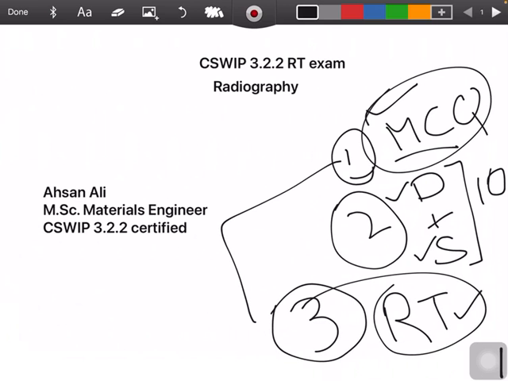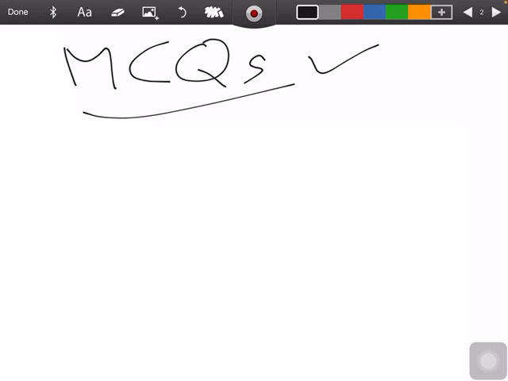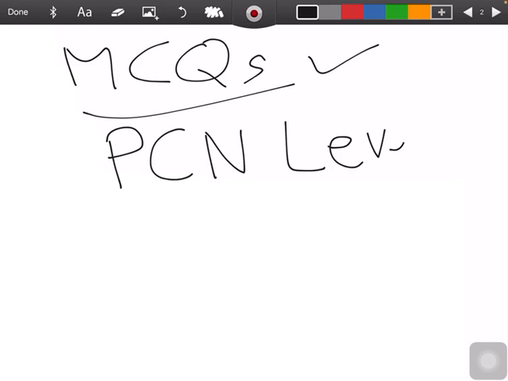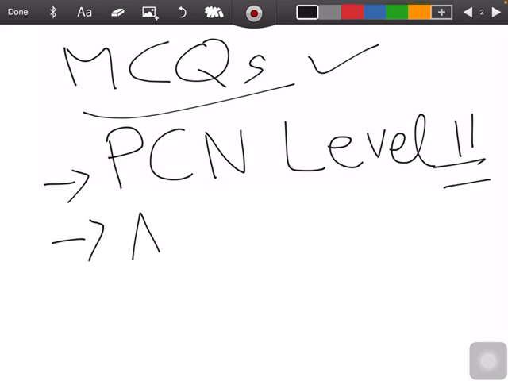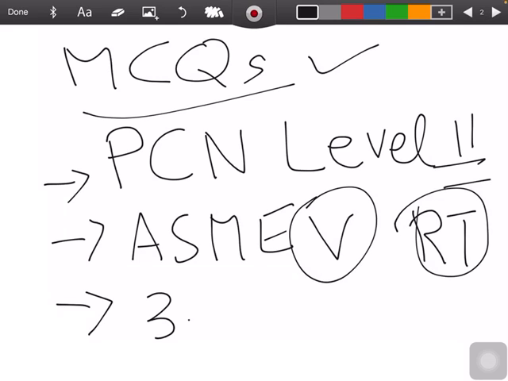Okay, so for preparation of MCQs of the RT exam, you need to prepare from the PCN level 2 book of RT, and ASME Section 5, RT portion only, and 3.2 and 3.1, RT portion.